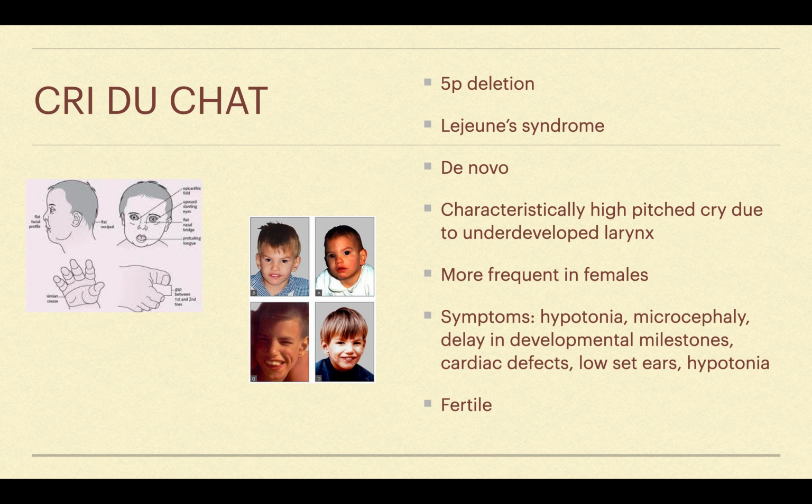Oh, I forgot to mention that in Cri-du-chat syndrome, these children cry all the time because of their hypotonia. In severe cases, the hypotonia is very uncomfortable, very painful, and they're not able to shift in the bed or in the crib to a more comfortable position. So that's why they're crying.